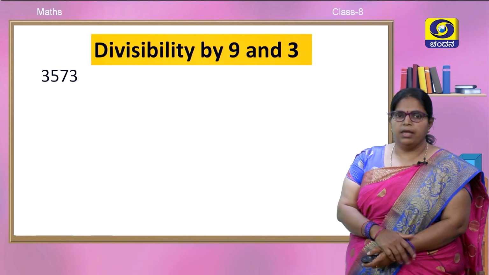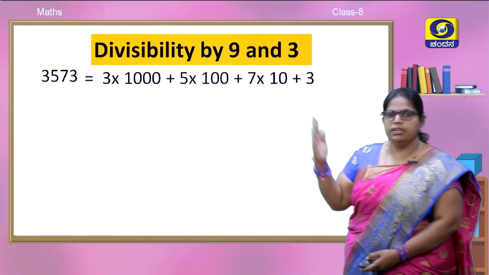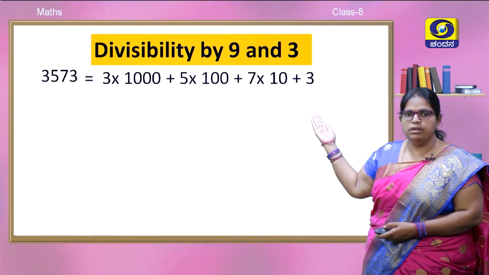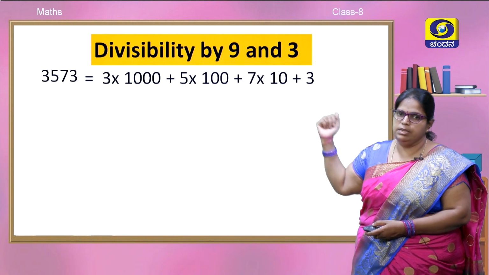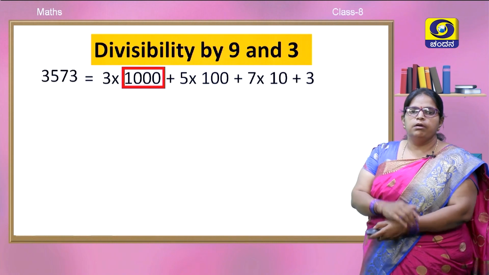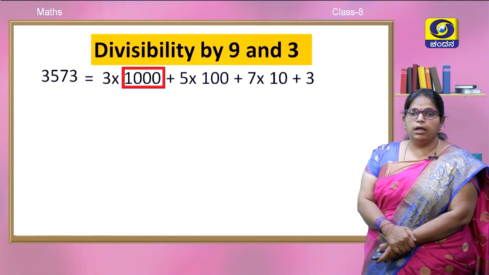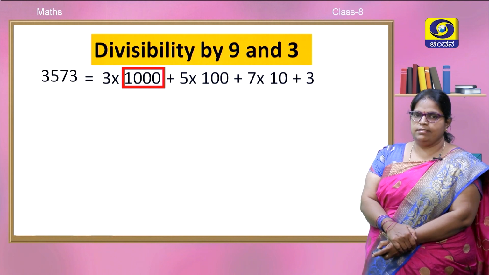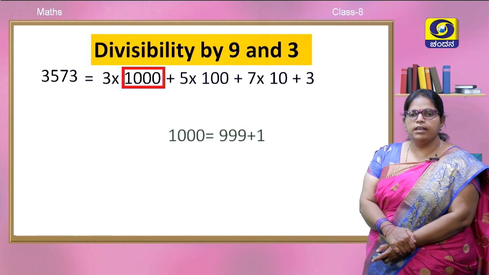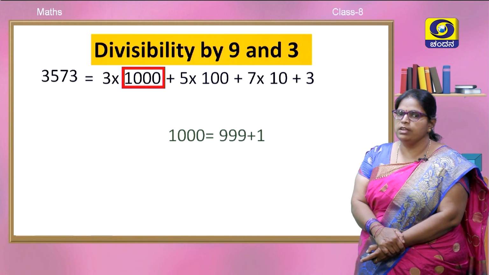3573. Expand it. It becomes 3 into 1000 plus 5 into 100 plus 7 into 10 plus 3. Now, here split 1000 into a multiple of 9 and a number. Yes, you can split it as 999 plus 1.